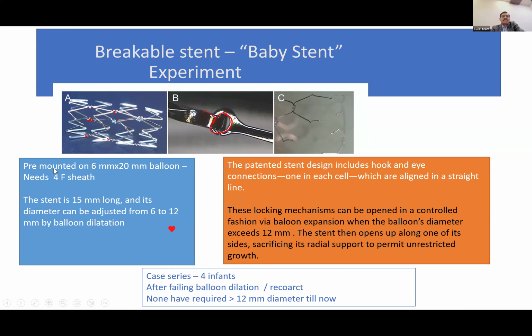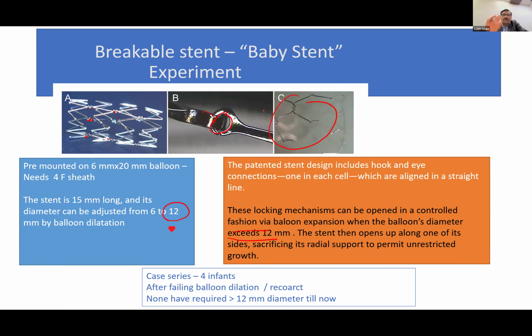It can go through a 4 French sheath, a pre-mounted stent on a 6 mm by 20 mm balloon. The stent is 15 mm long and the diameter can be adjusted up to 12 mm by balloon dilatation alone. If you want to go above 12, this will break out, open up, and sacrifice the radial support, and that will allow unrestricted growth.